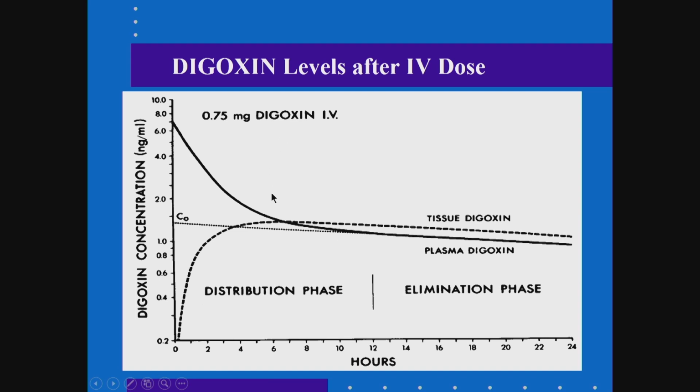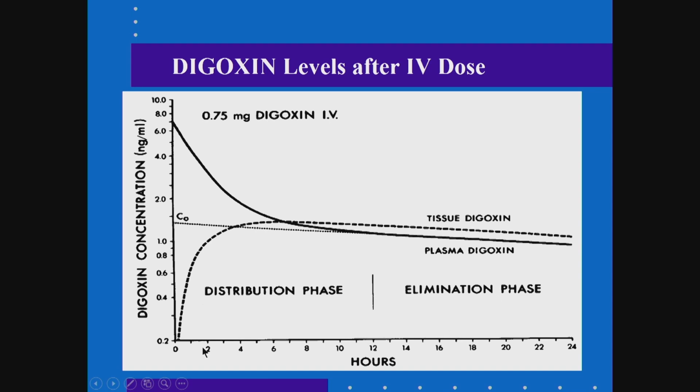This is a loading dose. And now we see that the plasma concentration versus time plotted semi-logarithmically declines in a bi-exponential fashion. We refer to this as the distribution phase, and then this terminal phase we call the elimination phase.